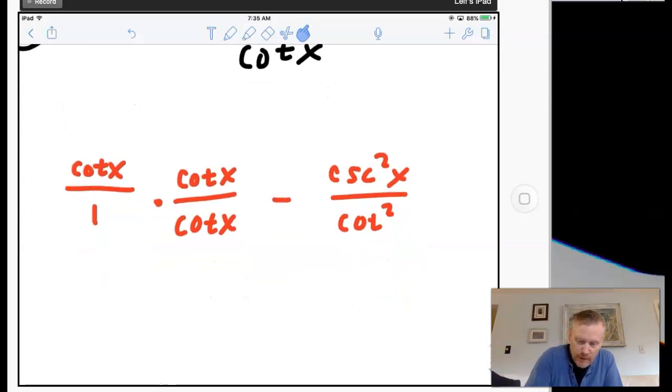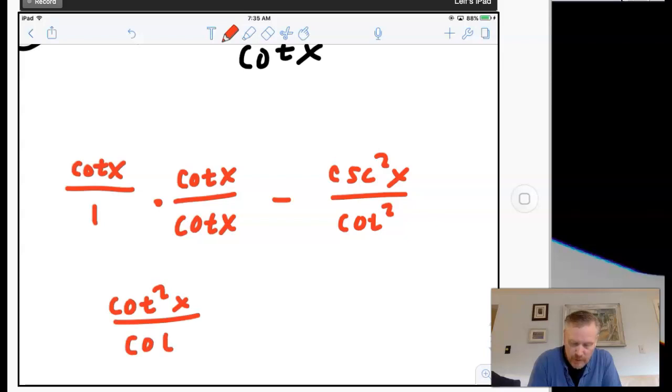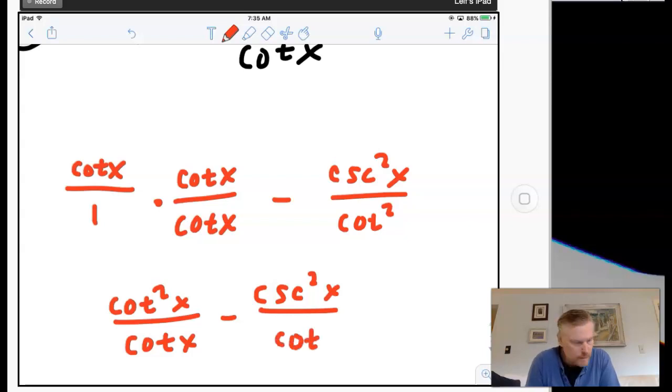Okay, and when I do that, I get cotangent squared over cotangent of x minus this one I'm not changing at all. It shouldn't have a squared on it. This should just be an x.